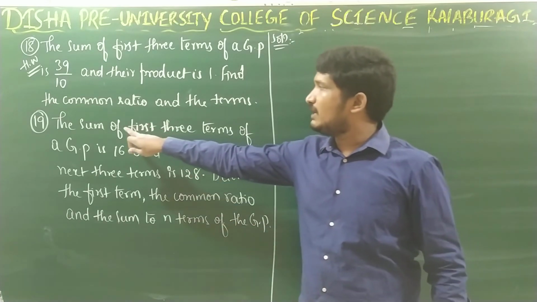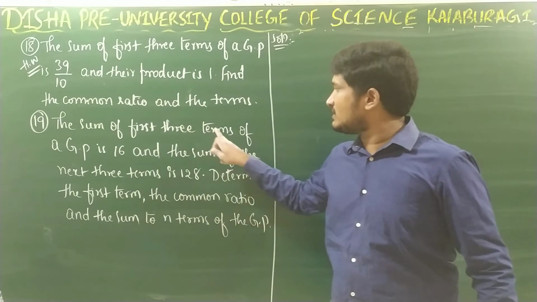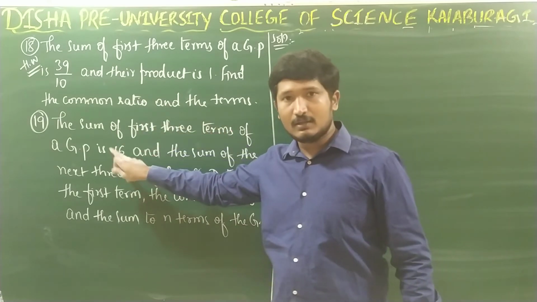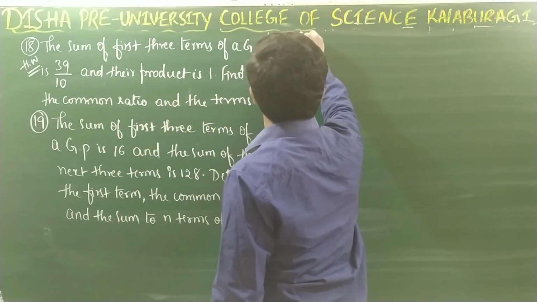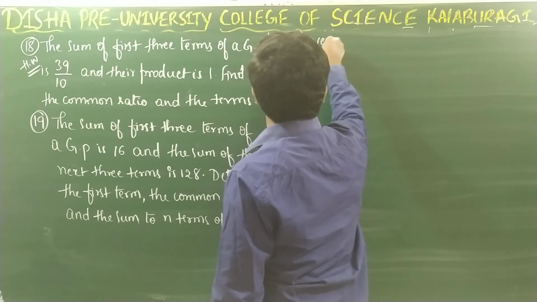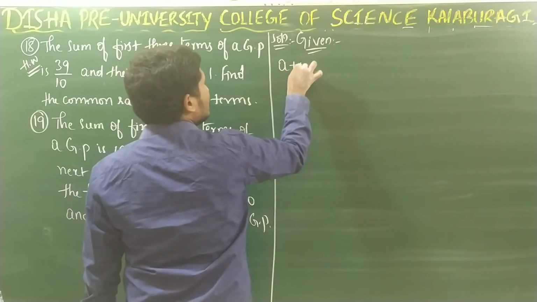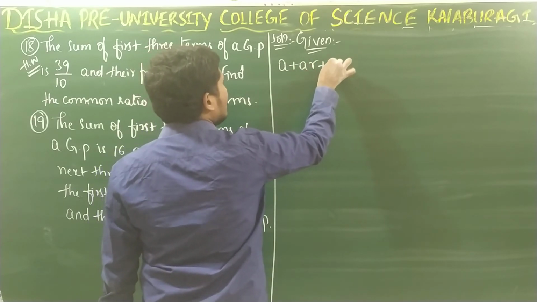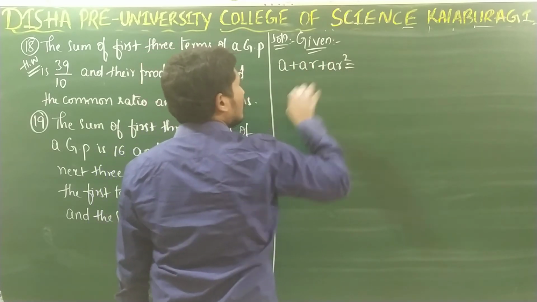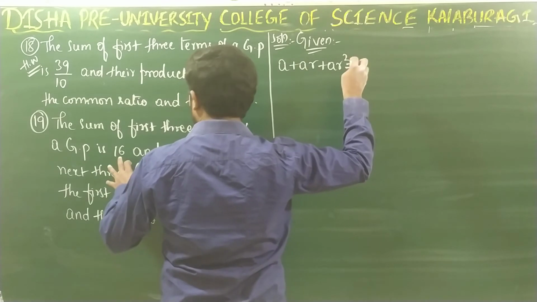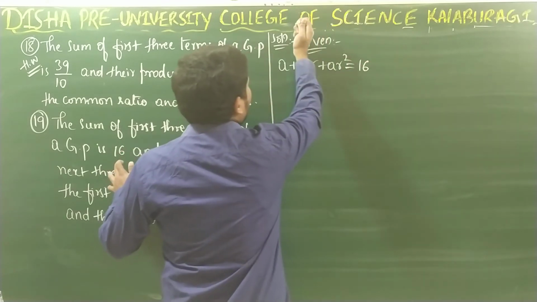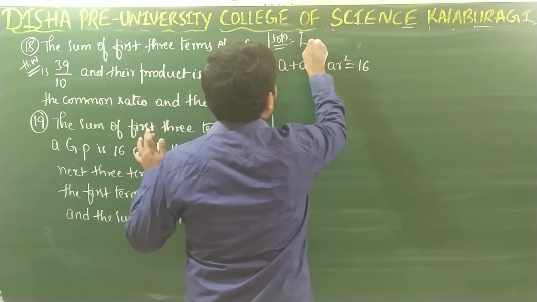Given: A plus AR plus AR square is equal to 16.